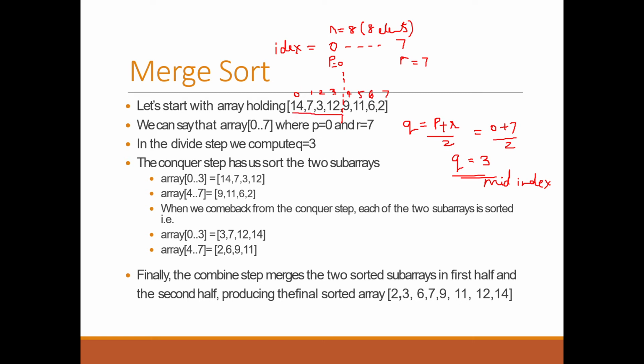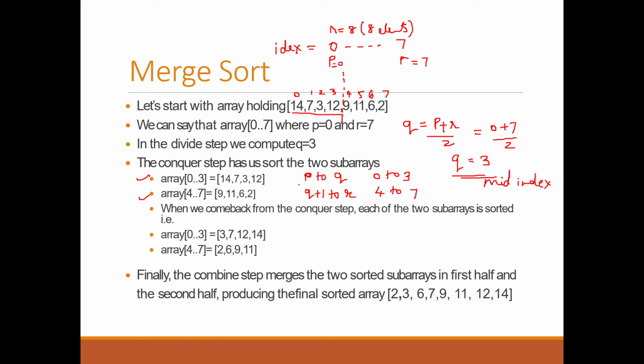One goes from P to Q, and the other goes from Q plus 1 to R. So this goes from 0 to 3, and the next goes from 4 till the end. Now we have divided this entire array of 8 elements into two parts, and each has 4 elements.